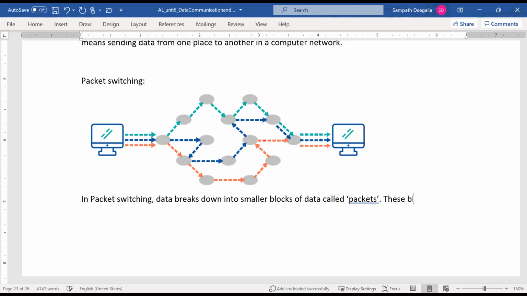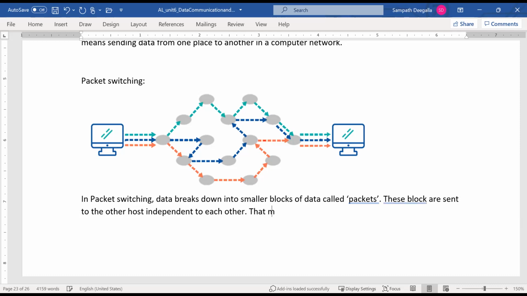These blocks are then sent to the other host independent of each other.